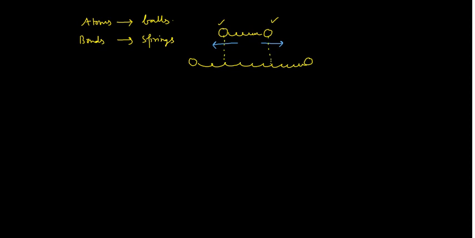So basically this difference, and this difference, say this is x1 and this is x2. Basically these x1 and x2 are the displacements from the original positions.